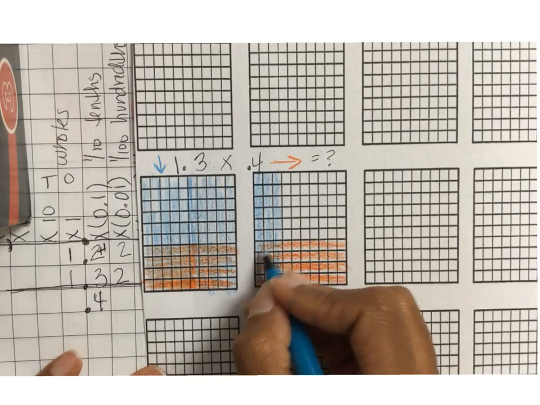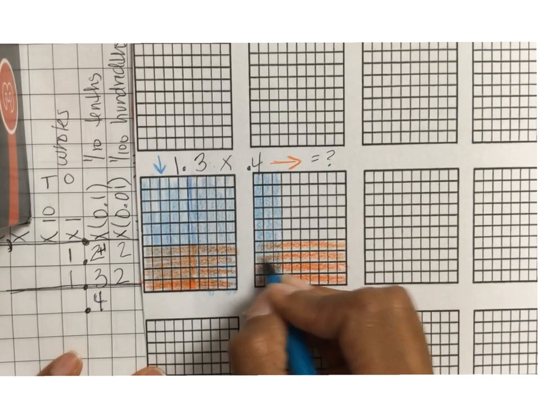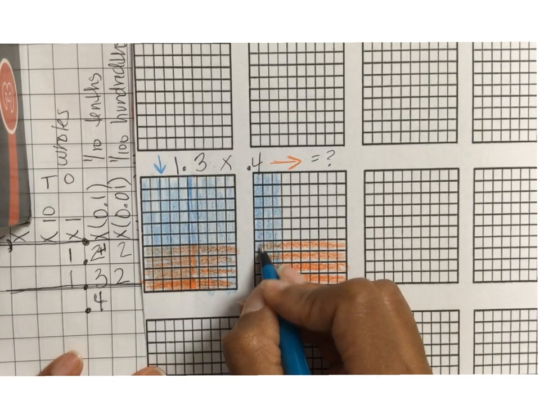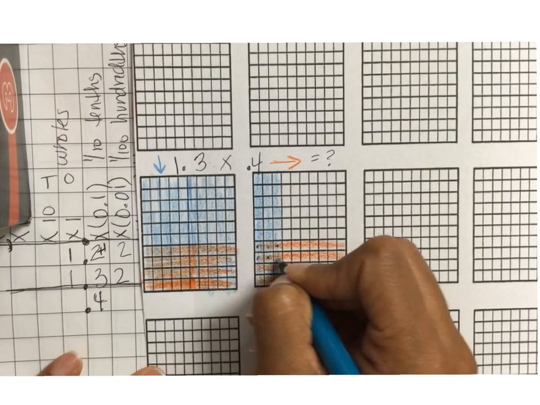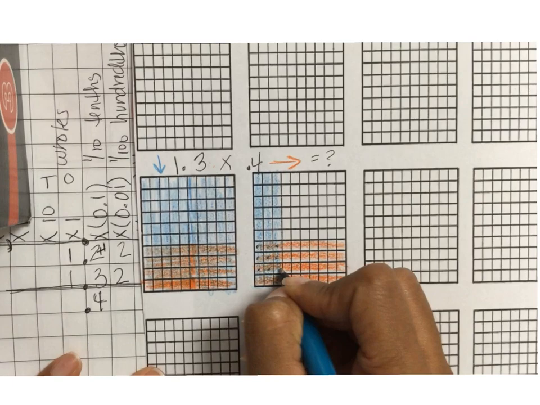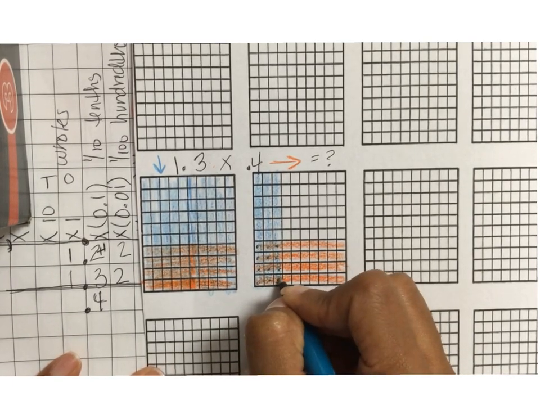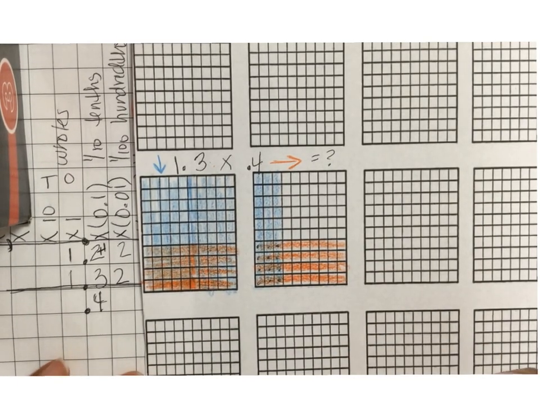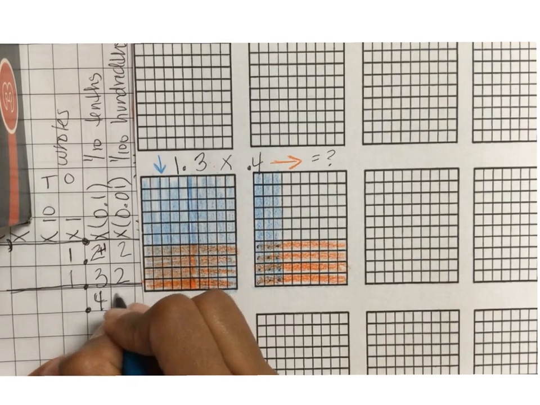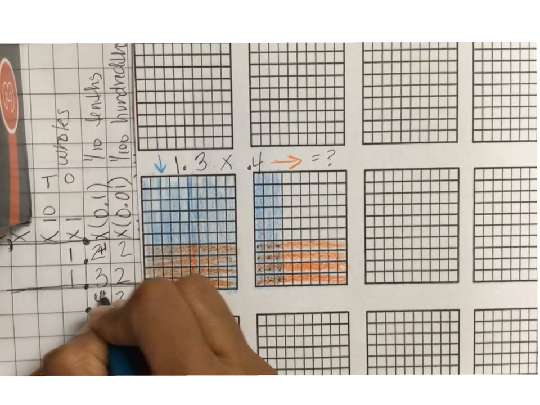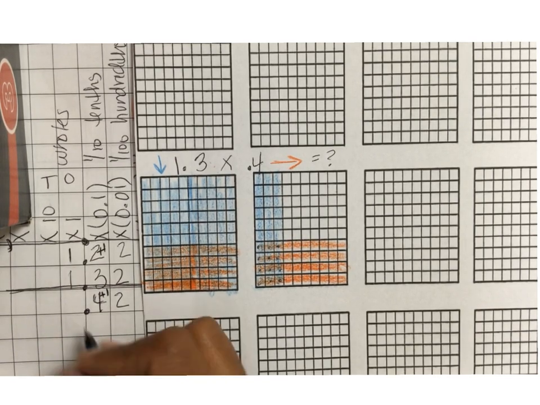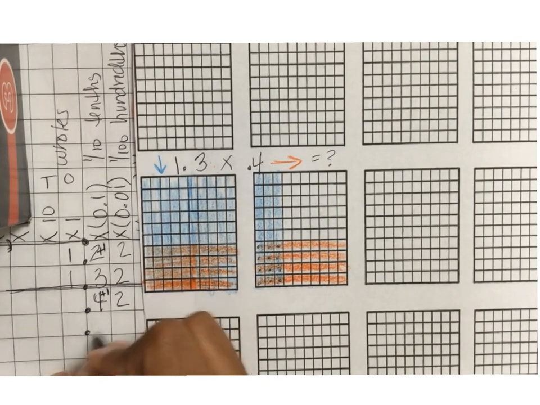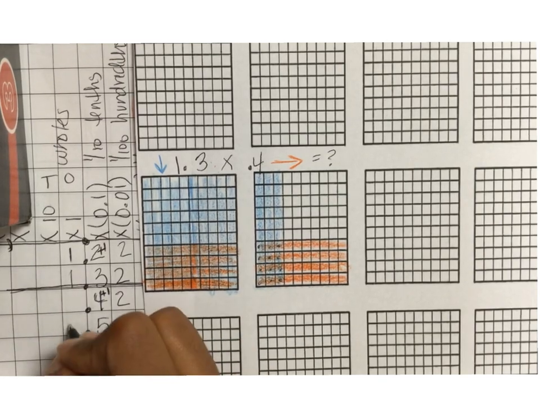And over here, since they don't go all the way down, these are just hundredths. So this is 1, 2, 3, 4, 5, 6, 7, 8, 9, 10, 11, 12. So I have 12 hundredths. So I write down my 2, but I have to carry my 1. So my answer is 52 hundredths.